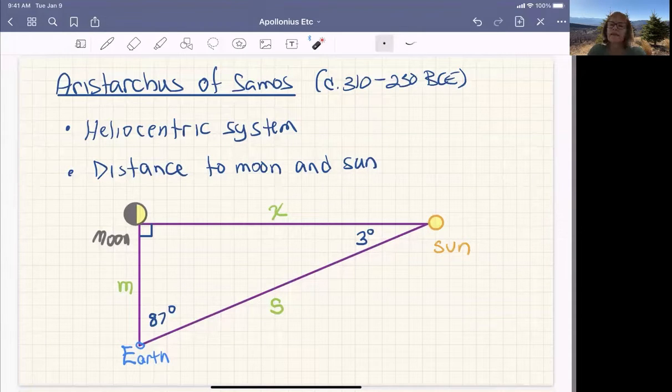Now, one thing that he did that's interesting is he did some calculations regarding the distance to the moon and the sun. Now, what he was not able to do is actually calculate the distance. But he did something else that's just as interesting. So he asked the question, so I know that the sun is further away from the earth than the moon, but how much further away is it?